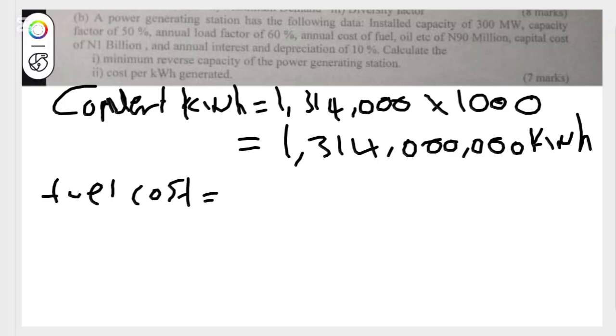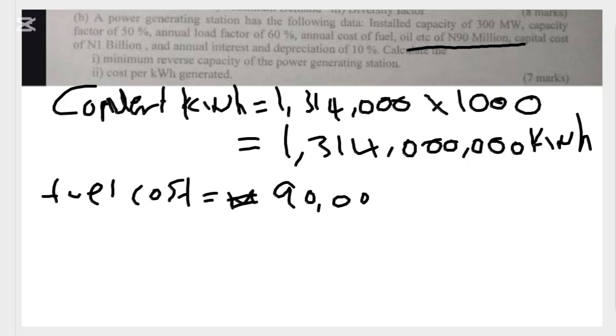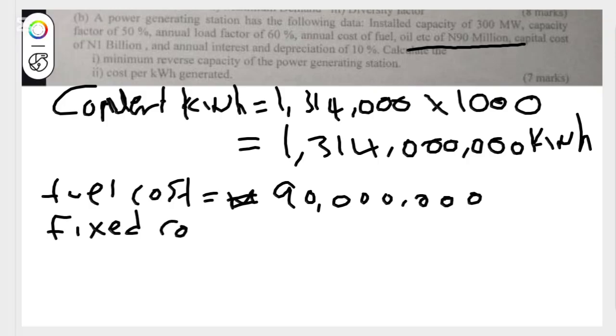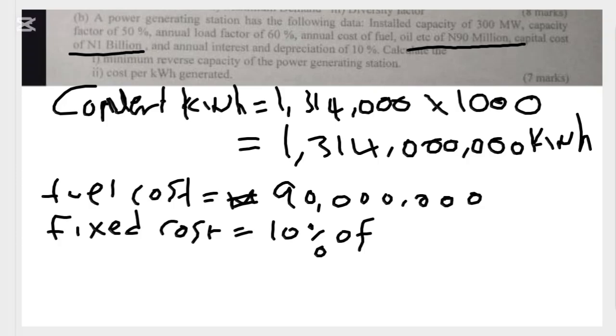The fuel cost is 90 million naira, because it says fuel and oil etc. of 90 million naira. And the fixed cost is 10% of 1 billion, the capital cost of 1 billion.